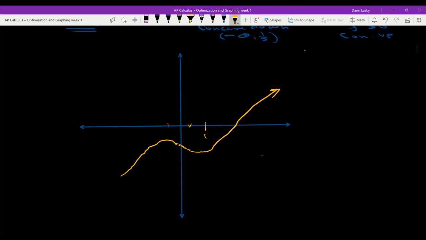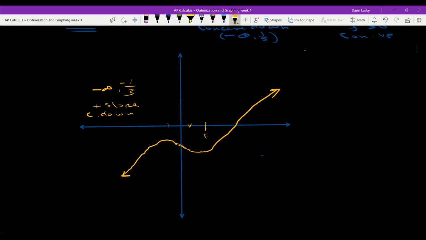So let's look at that. From negative infinity to negative 1/3, it has a positive slope, but it's concave down. Makes sense. It's a positive slope, goes to the top here, concave down.